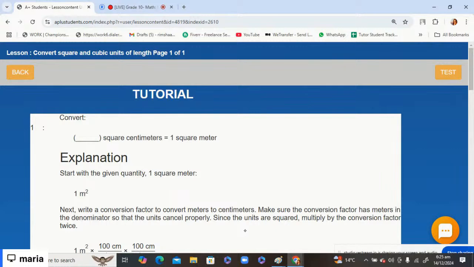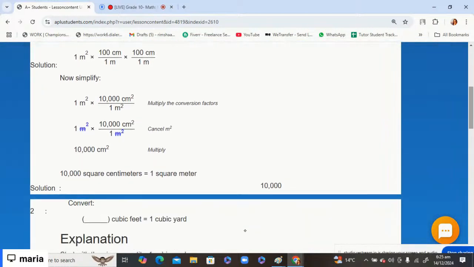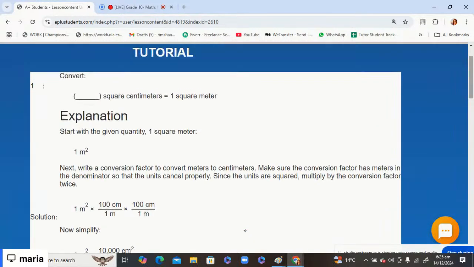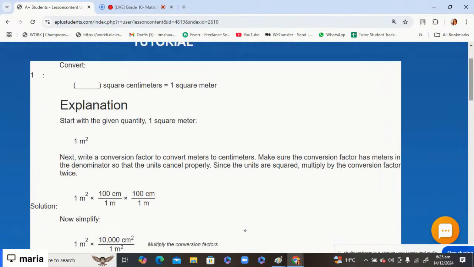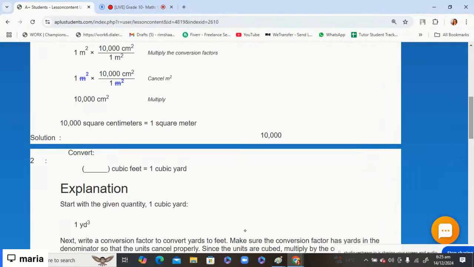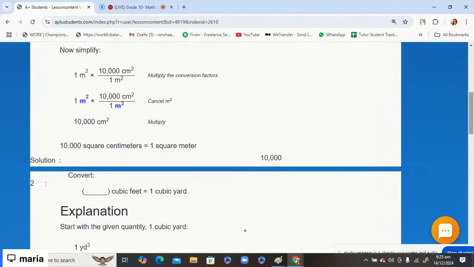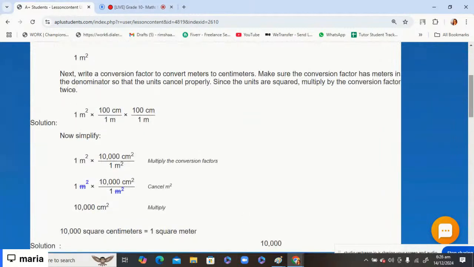Square centimeter is equals to how many square centimeter is equals to 1 square meter? 1 square meter is equals to 10,000 square centimeters. Just put it down here. So how can we convert it? Now write the factors to convert centimeter.